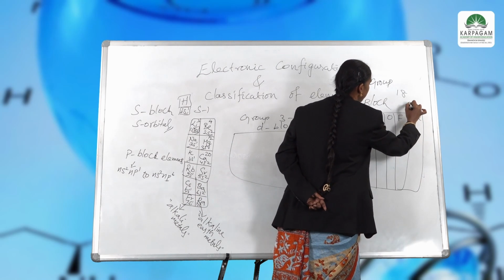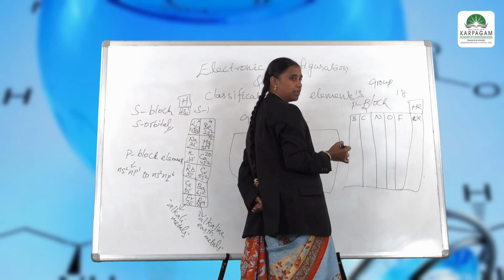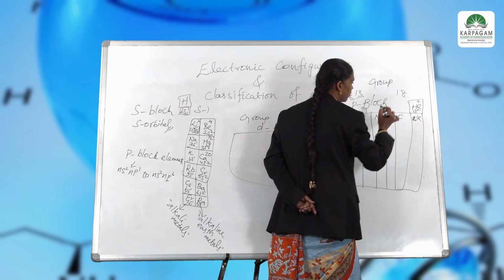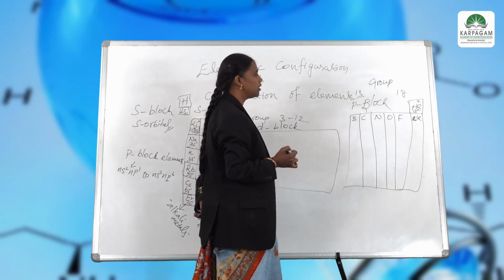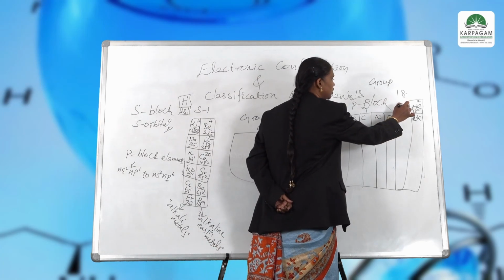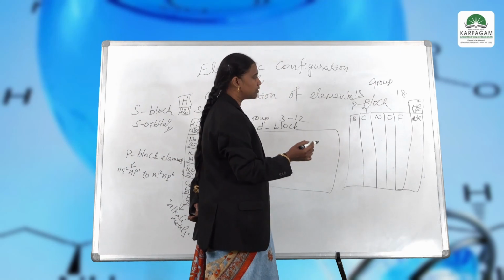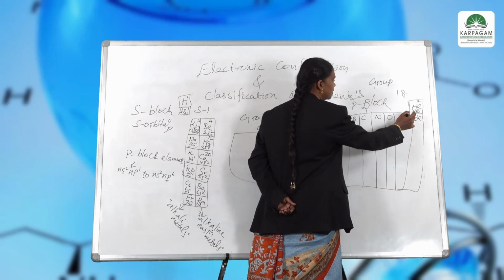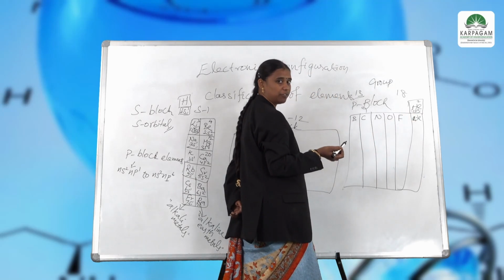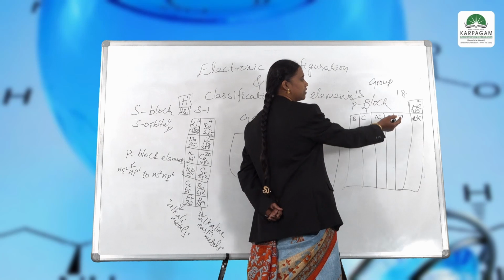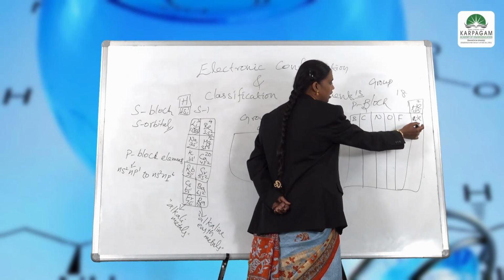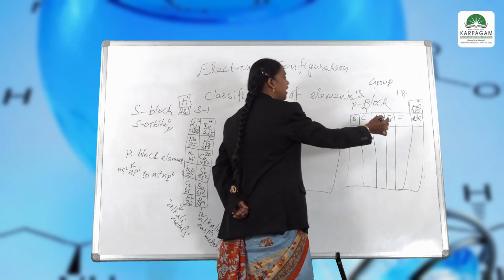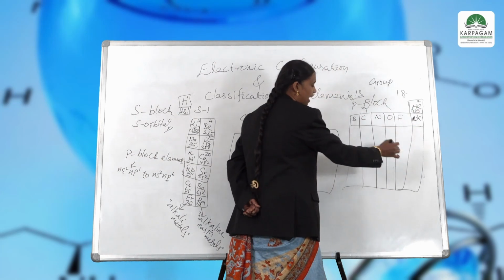Here helium is present above neon, but its atomic number is 2 and its electronic configuration is 1s2. This is one of the exceptions in the periodic table, because helium belongs to the S block, but its S orbital is completely filled, so it acts like the noble gases. For that property it is placed above the noble gas series.